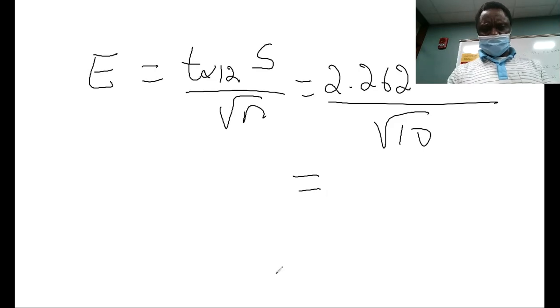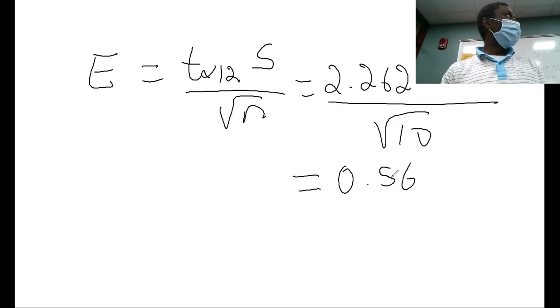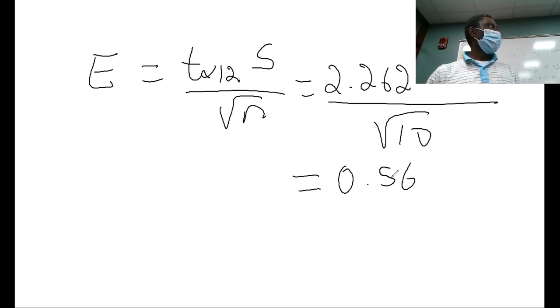Use your calculator. Do 2.262 times 0.78 divided by square root of 10.